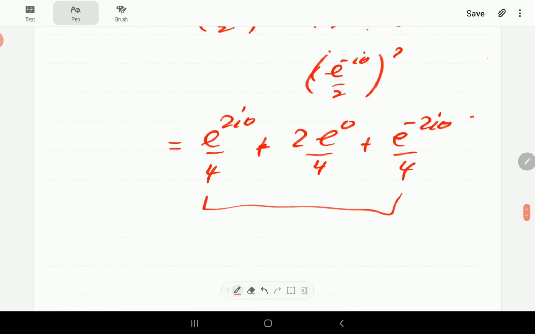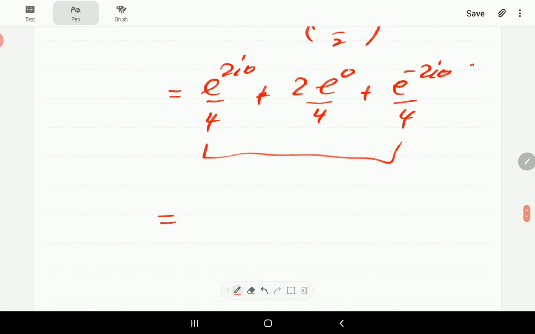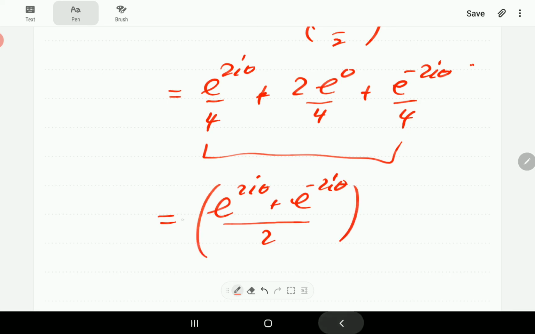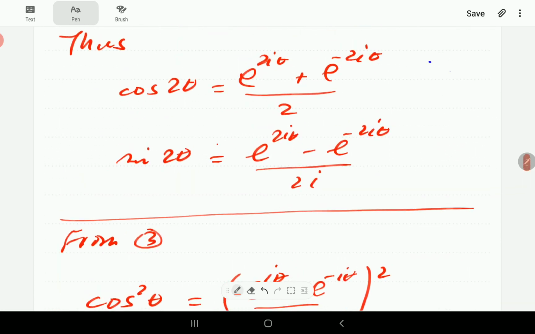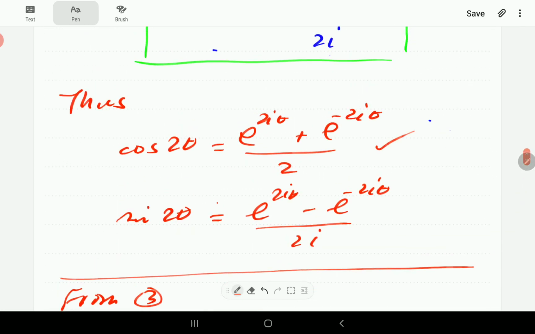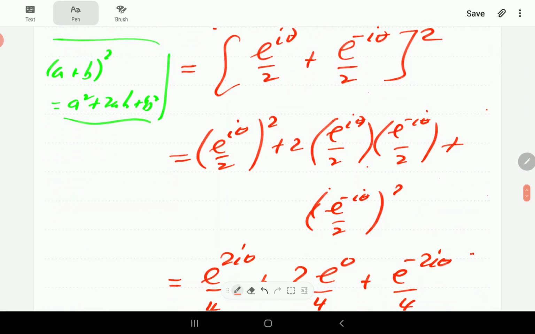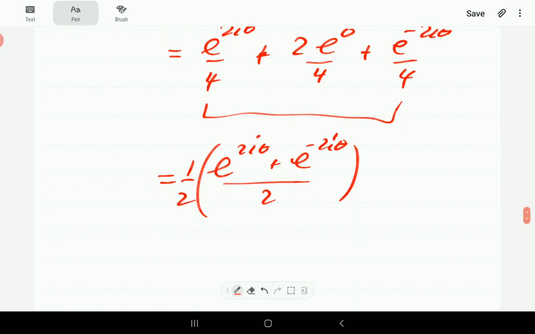Then these two I'm going to bring together. So we're going to have e to the 2i theta plus e to the minus 2i theta all over 4. What I will do is I'll factor out a 2, because we are realizing that that is looking pretty much like this one, but it had over 4, so we factor out 1/2 so that it's over 2.